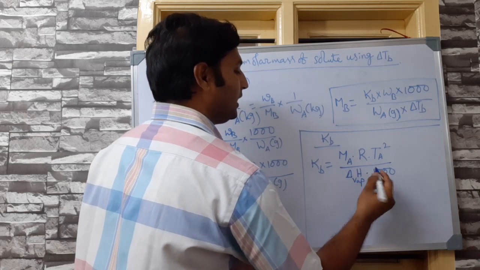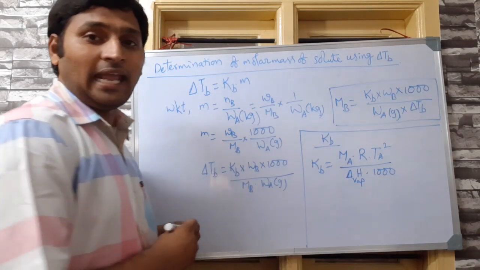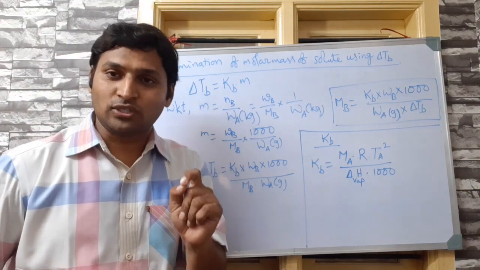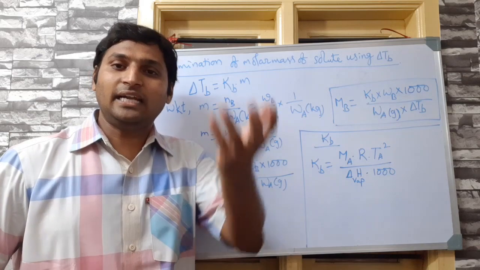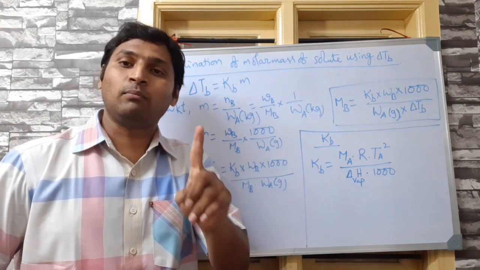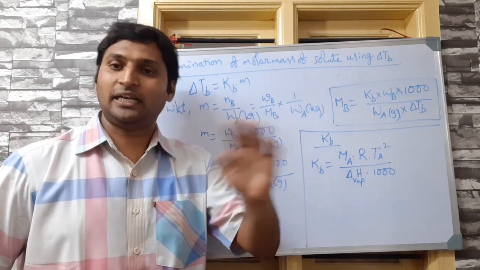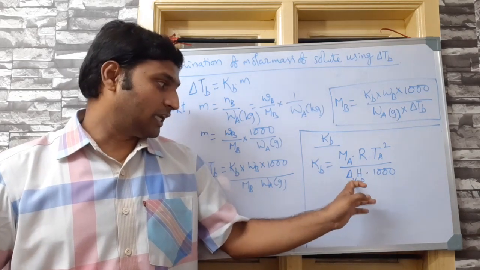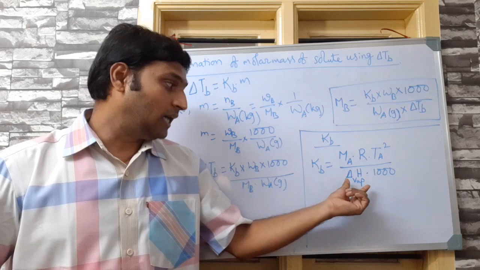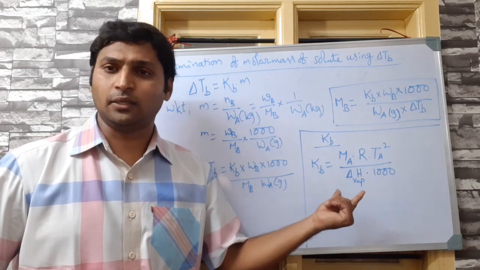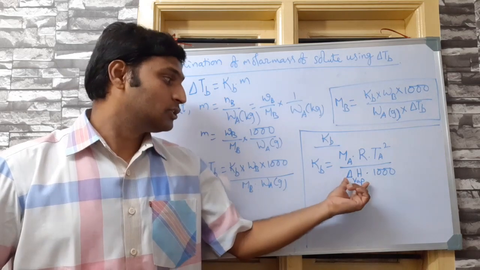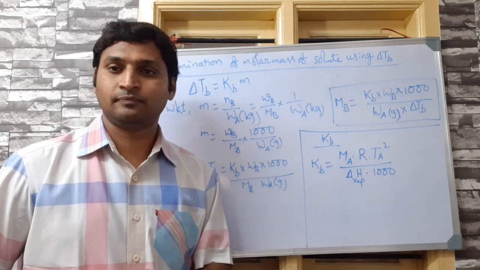You must be knowing the meaning of enthalpy of vaporization. Enthalpy of vaporization is the enthalpy change associated with complete evaporation of 1 mole of any given liquid at a given temperature. So, for complete evaporation of 1 mole of liquid, what enthalpy change it will be associated with? And obviously, evaporation is an endothermic process, so enthalpy of vaporization will be positive.